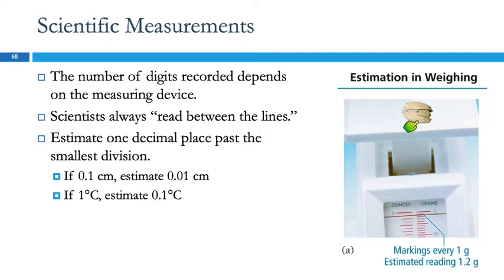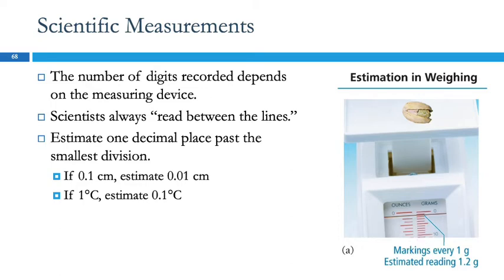So here we're using a little kind of like a kitchen scale, and we've got a pistachio on there. And we're not going to talk about ounces because those are imperial units, those are English units, and this is science. We're going to use the metric system, so we're just going to look over here at the grams. But what we do here is we're going to look at what are the markings on this measuring device.